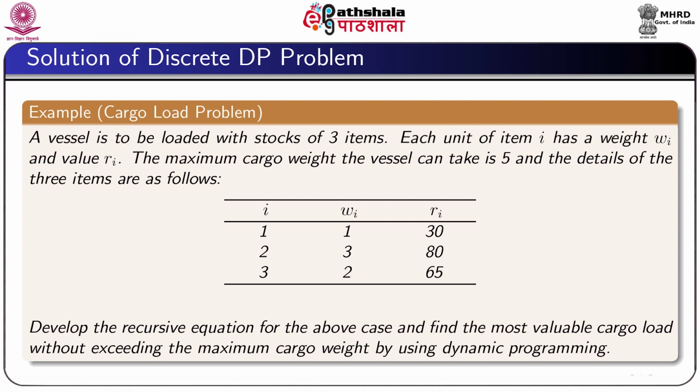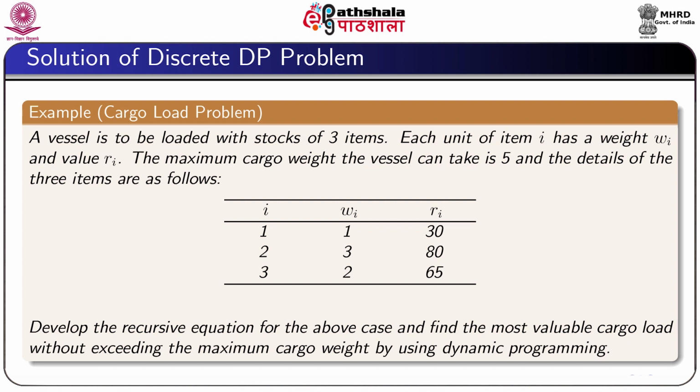The maximum cargo weight the vessel can take is 5, and the details of the 3 items are as follows. We have items 1, 2, 3: the weights of items 1, 2 and 3 are 1, 3 and 2 respectively, and the values of the items are 30, 80 and 65 respectively.